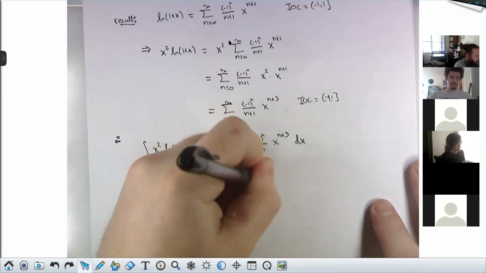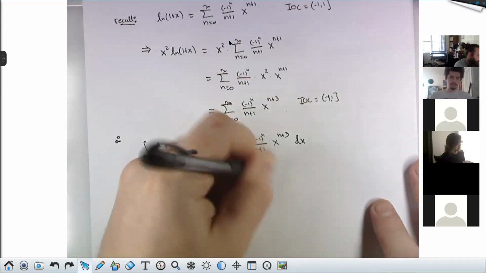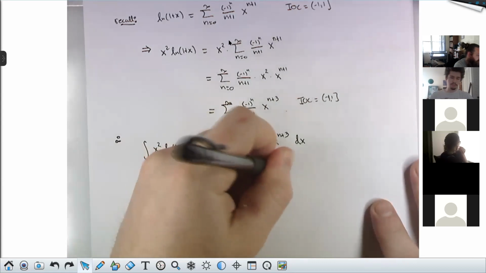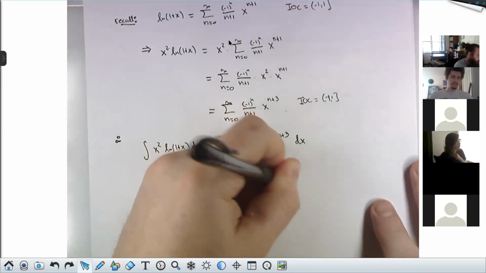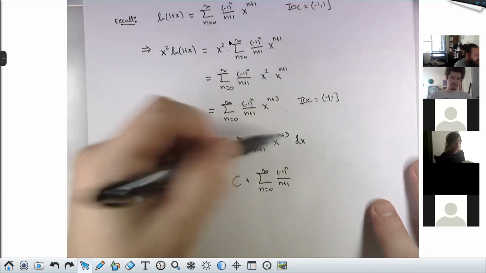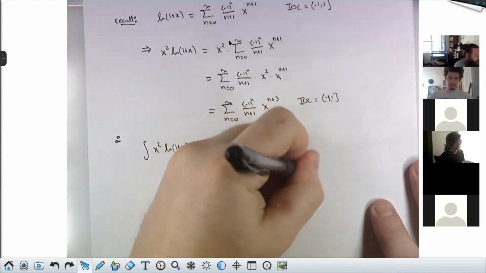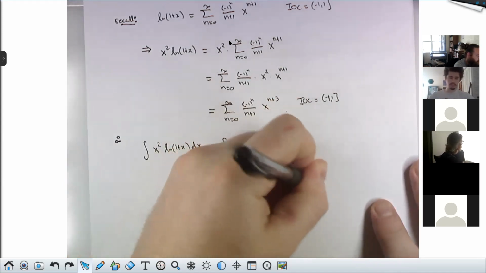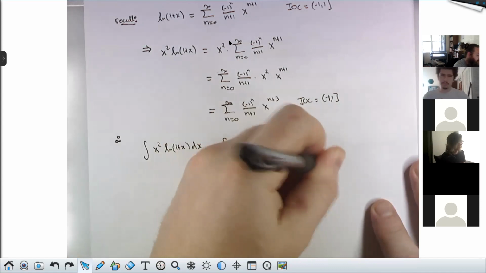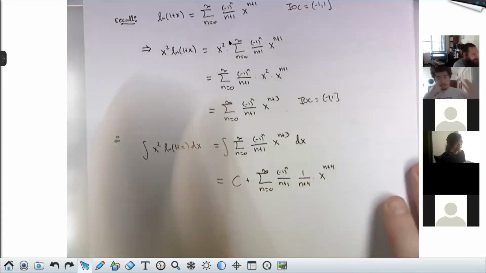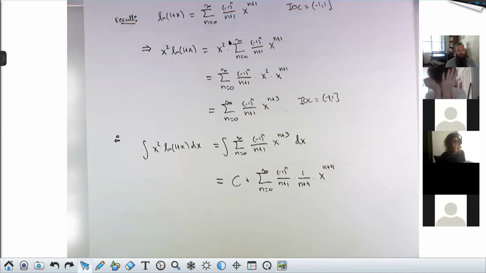And then you just integrate the x's. You integrate like a polynomial. So it's -1 to the n over n plus 1. If I add 1 to n plus 3, I get n plus 4. So this is going to be 1 over n plus 4 times x to the n plus 4. It's really not that bad.